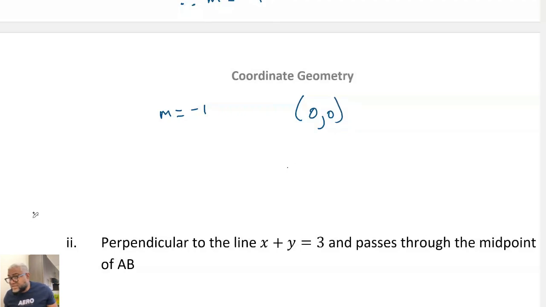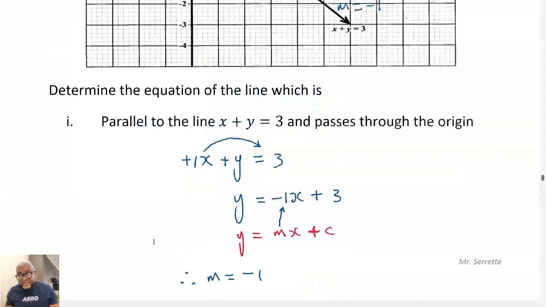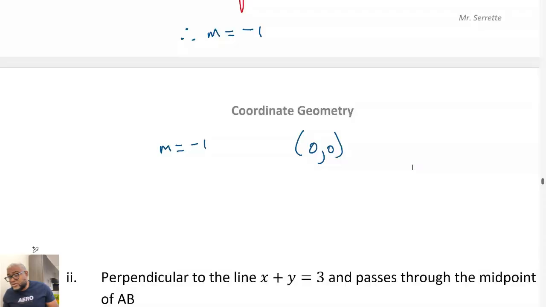So let me ask a question now. They want us to determine the equation of the line which is parallel to this line and passes through the origin.